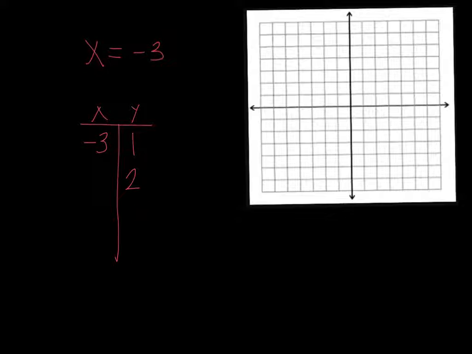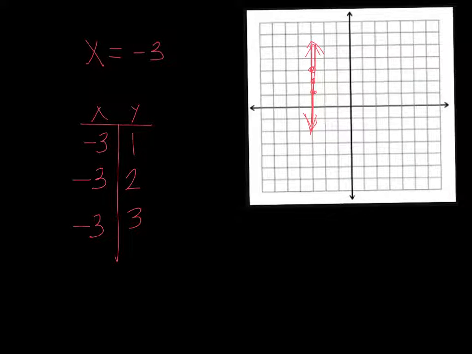Y could be 2, x is -3. Y could be 3, x is -3. So then we graph that. X is -3, y is 1. X is -3, y is 2. X is -3, y is 3. And we have a vertical line now going straight up and down, a vertical line. And these are special lines.